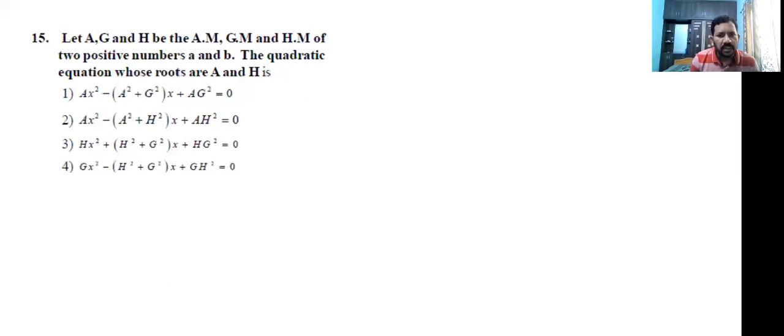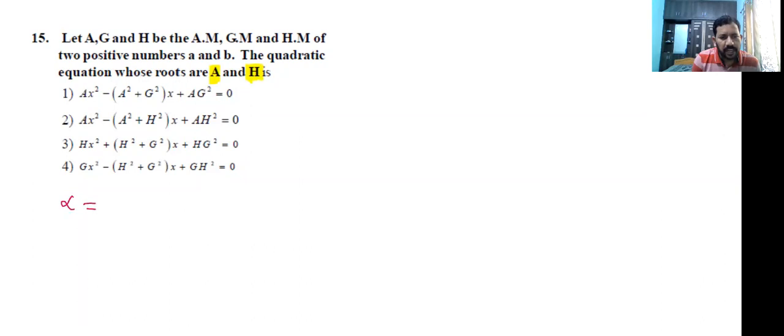Let A, G, H be the arithmetic mean, geometric mean, and harmonic mean of two positive numbers A and B. A quadratic equation whose roots are A and H. These are the roots. Form the quadratic equation.